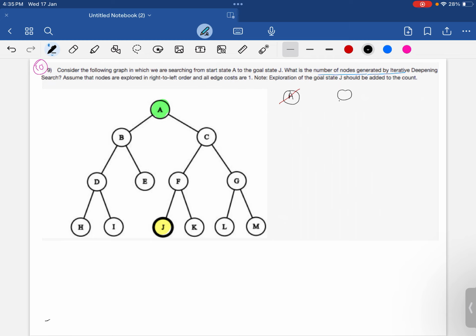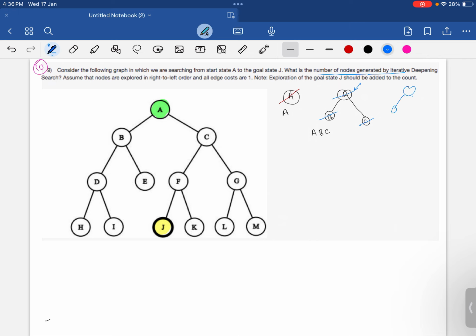In depth 1 we will have A, B, C. Now we will run the DFS here. Since we do not have the goal, we will visit all 3 nodes. So we will generate A again, then A, B, C. Now again we are going to increase our depth.